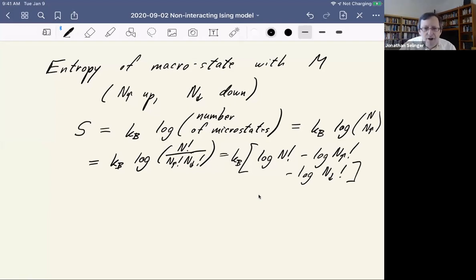If what you know about n factorial is that it's this product of n times n minus 1 times n minus 2, et cetera, going down to 1, that looks difficult to put into a logarithm. But luckily there is a formula which gives us a good approximation to this. That is called Stirling's formula.